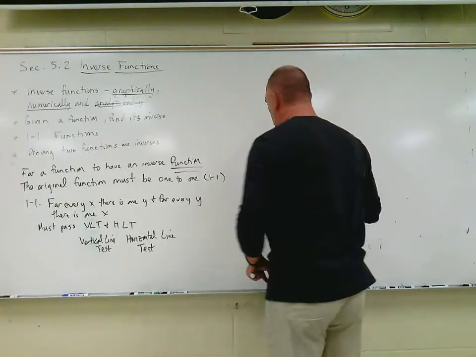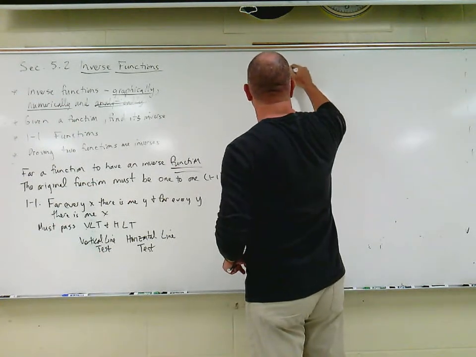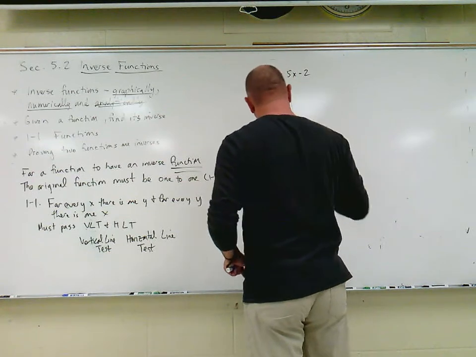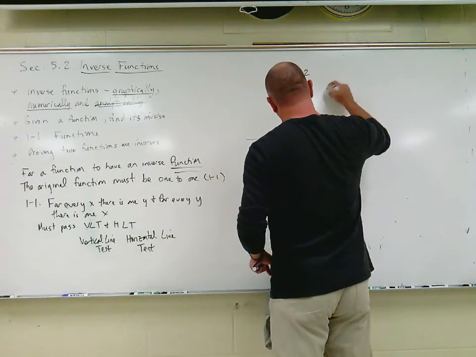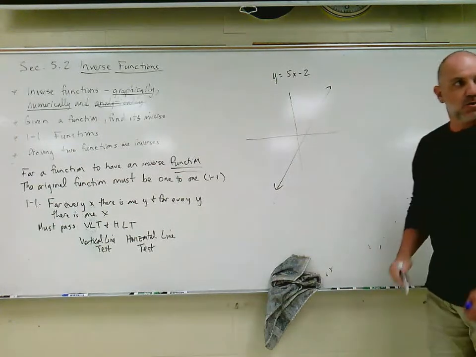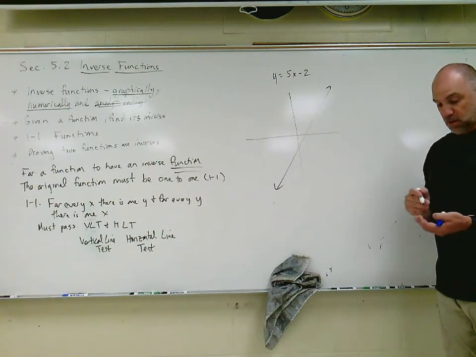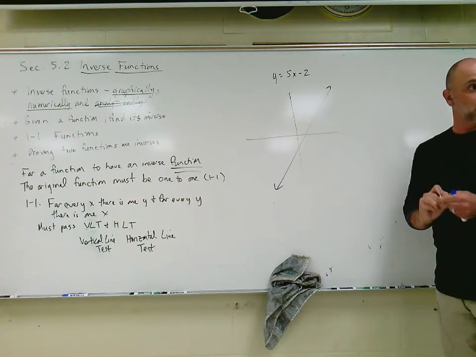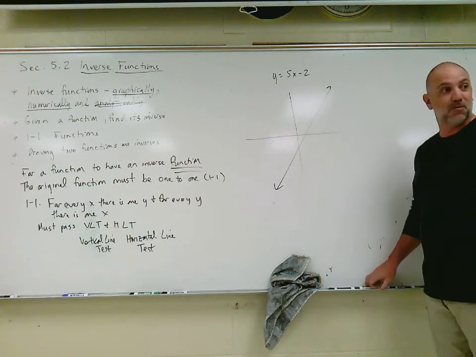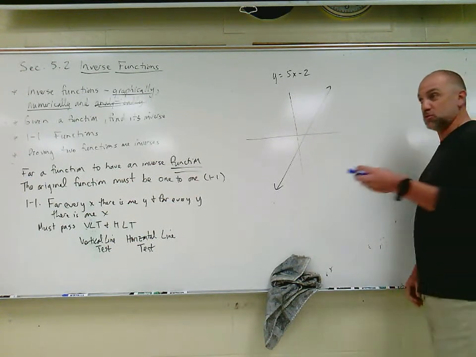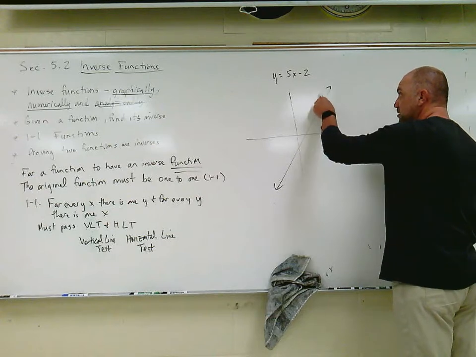So, the first graph I gave you today, 5x minus 2. Here's the graph, looks like this. So what am I going to do? This is all I'm going to do. I'm going to take my pencil. Yeah, that's exactly what I'm going to do. Sydney showed us. First of all, is it a function?